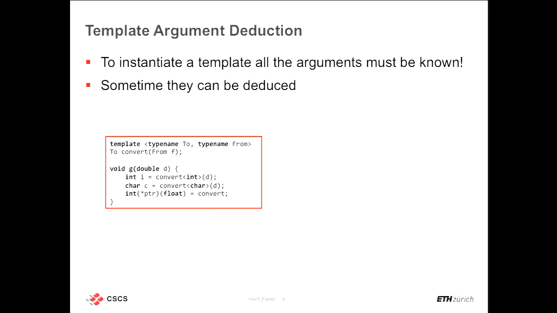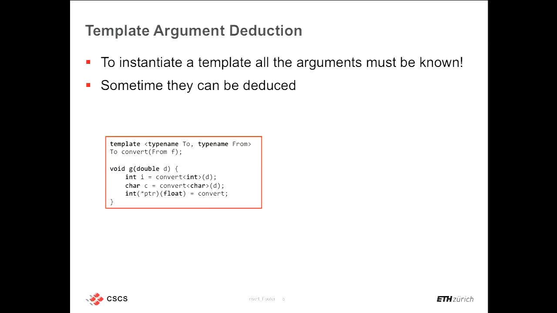This last one takes convert, which is a template, and the type deduction happens here because the type of this pointer is a function pointer to a function that takes a float and returns an integer. So the return type is int, which is To, and the input argument is a float, which is From, and this is actually instantiated.